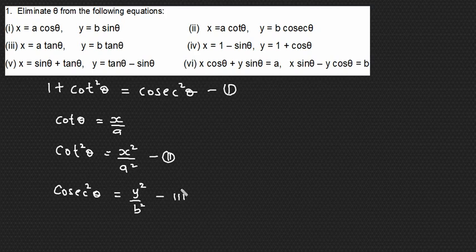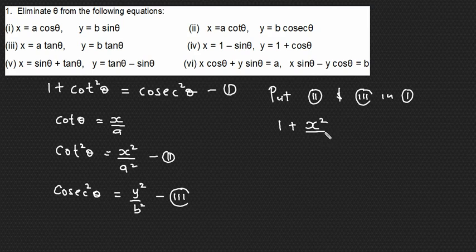Now we are going to put 2 and 3 in 1. This trigonometric identity, we already derived it. So when you substitute, we shall get 1 plus cot squared theta, which is x squared over a squared, equaling to cosec squared, our cosec squared is y squared over b squared.